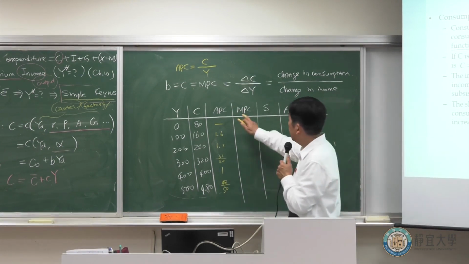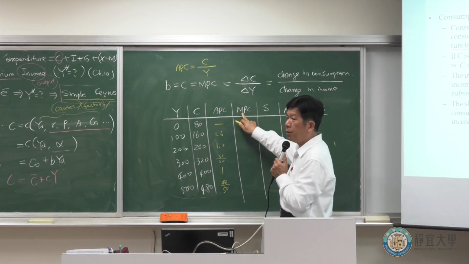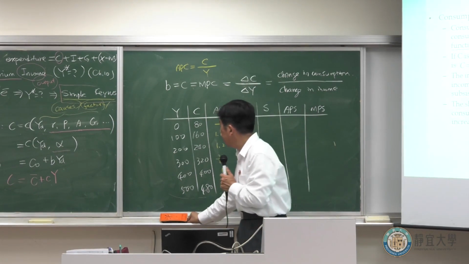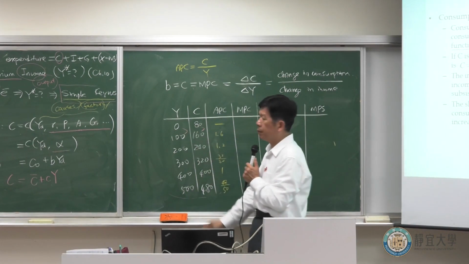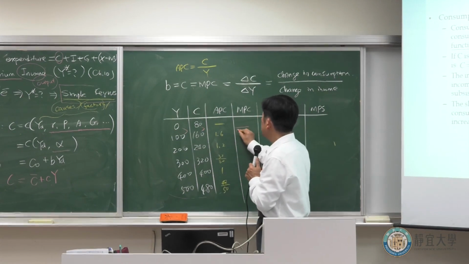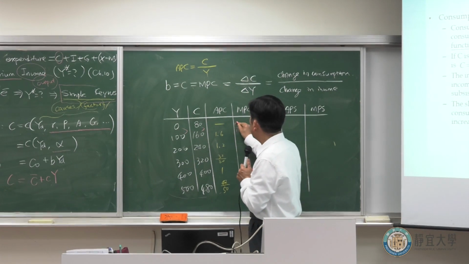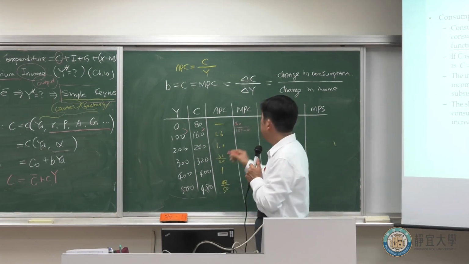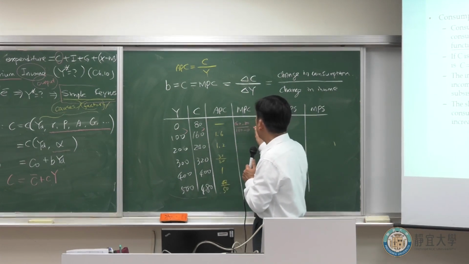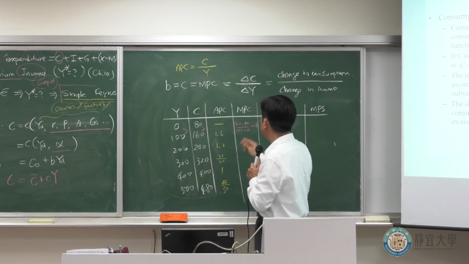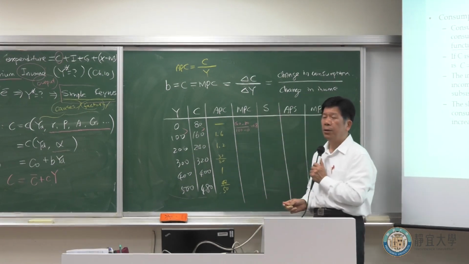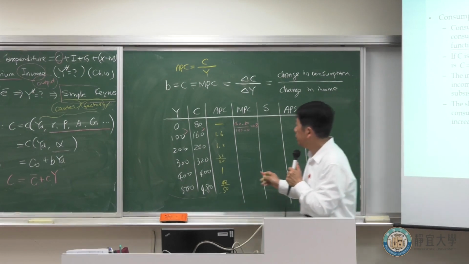And after that, you can try to see how to calculate the MPC. Here, 100 divided by 0, and 160. This is 80, and after that you get 0.8. Okay, the same.